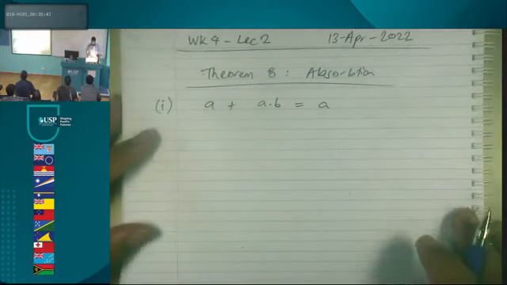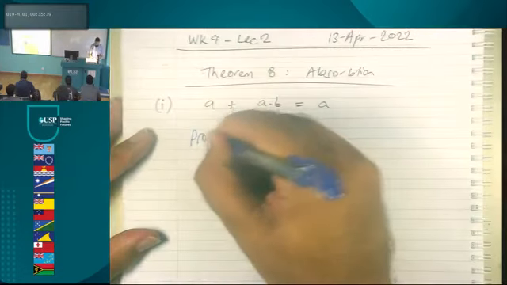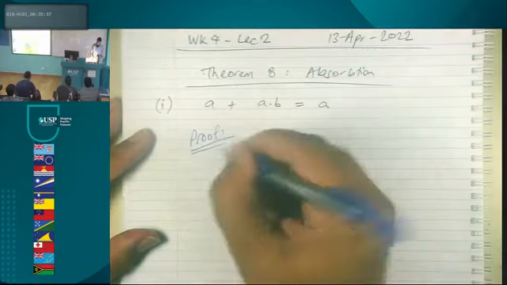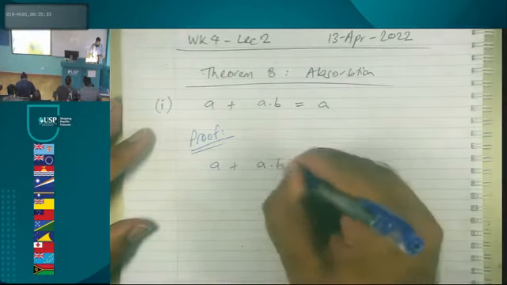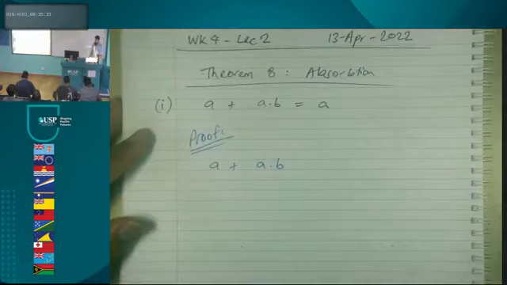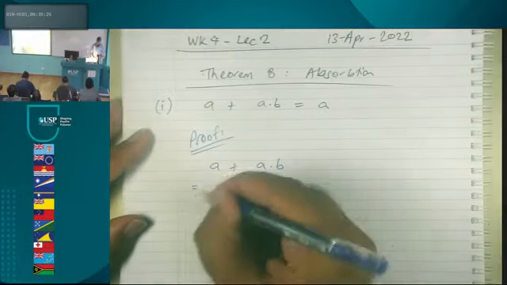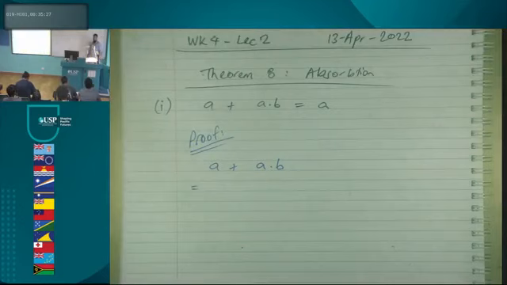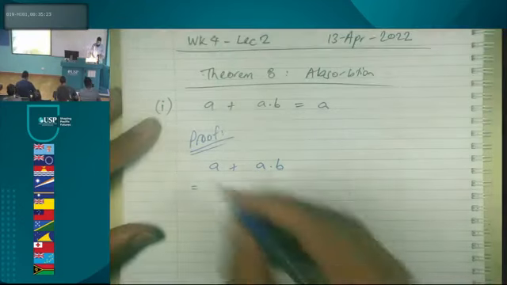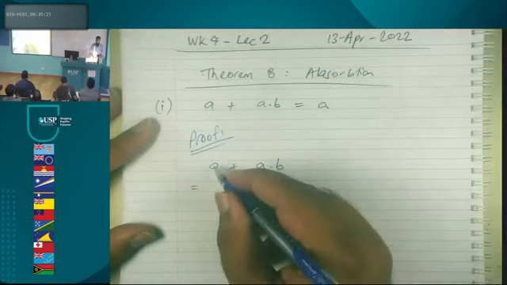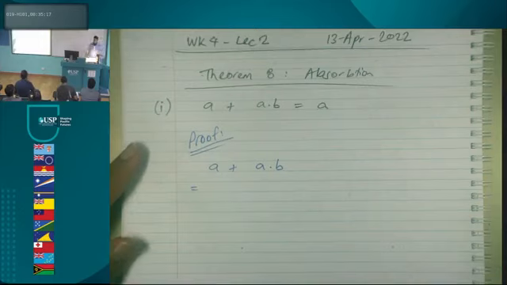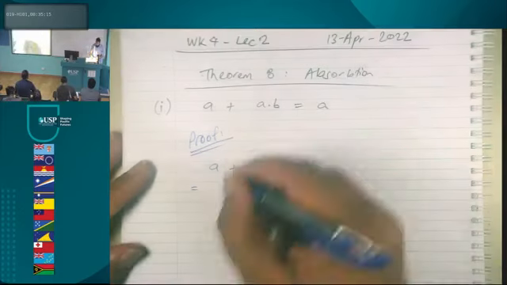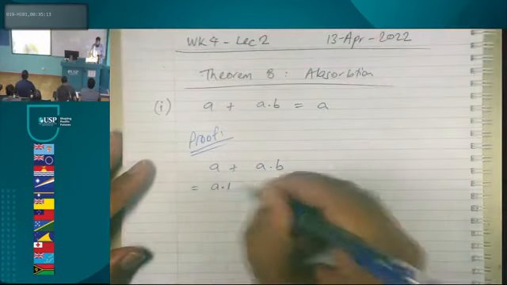Okay, let's look at the proof. On the left hand side we have A or A and B, and we've already stated that is equal to A. What is the proof? Well, according to the distributive law, we can think of this A. According to the identity rule, you can think of that A as A and 1, right?